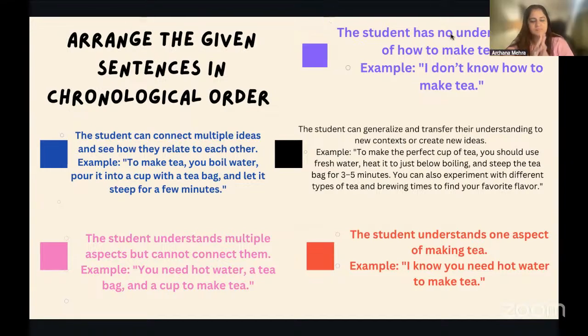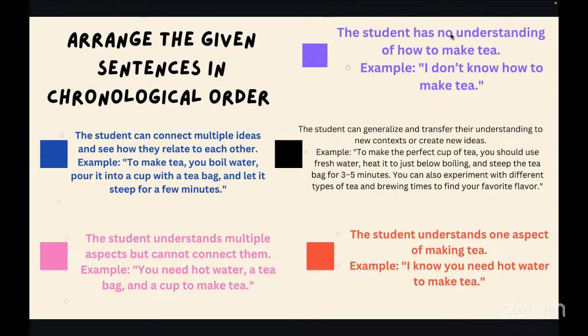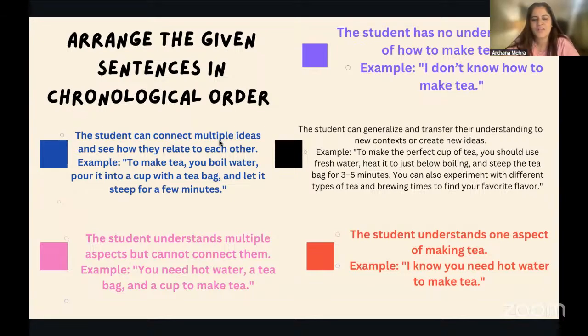Then the blue box can connect multiple ideas and see how they relate. And then the black box can generalize and transfer the understanding to a new context or create new ideas. So that is the order.